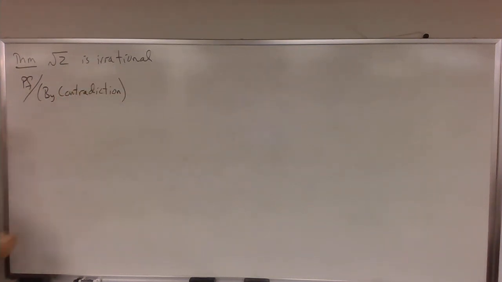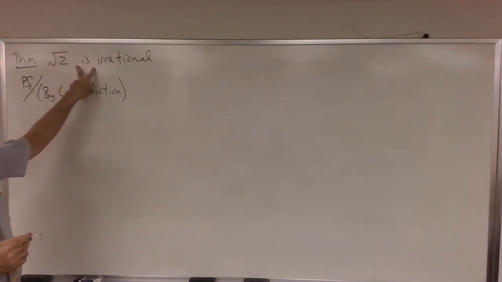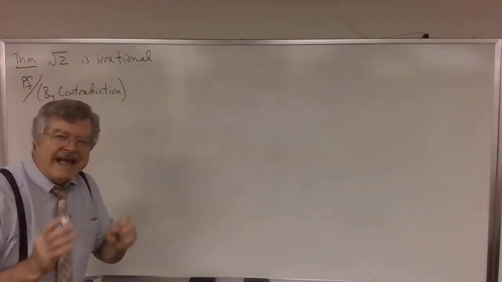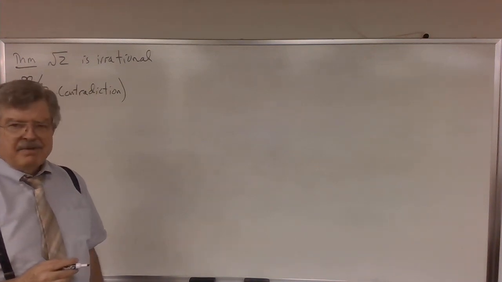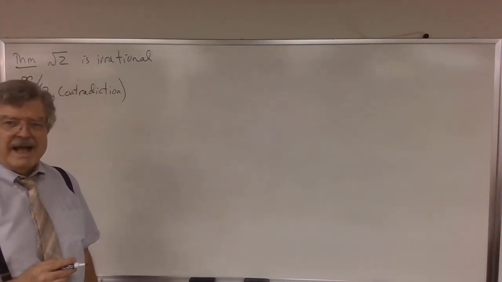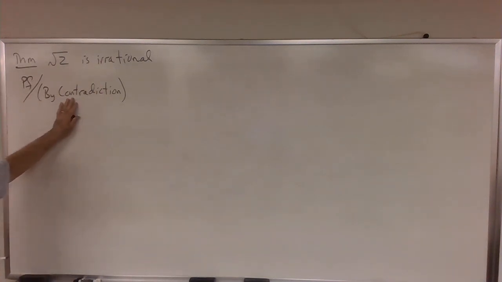And I tell my reader that right off, just so that they'll know why I'm saying certain things. For example, I'm going to take this statement that I want to prove, and I'm going to assume exactly the opposite. Well, my reader might be puzzled why I would do such a thing if I didn't tell them ahead of time that I'm doing this proof by contradiction.